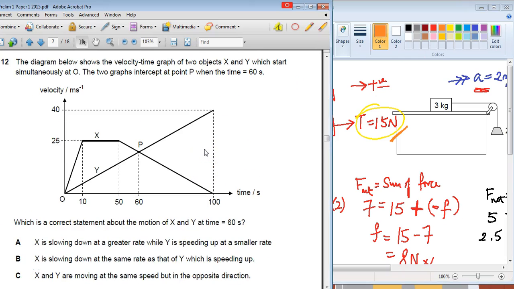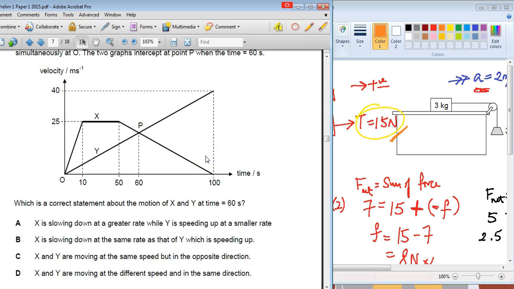Okay, now question 12. Question 12 is your VT graph. So the same thing, remember that your gradient represents the acceleration. Okay, so from here, we are seeing A, B, C, D with a lot of words, and you are asked to focus on t equals 60.